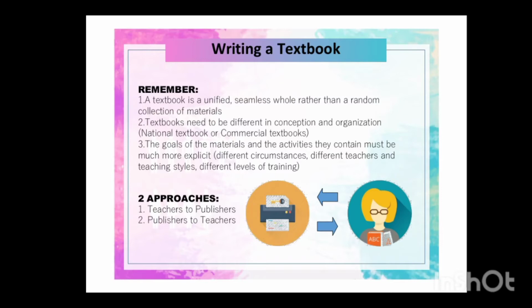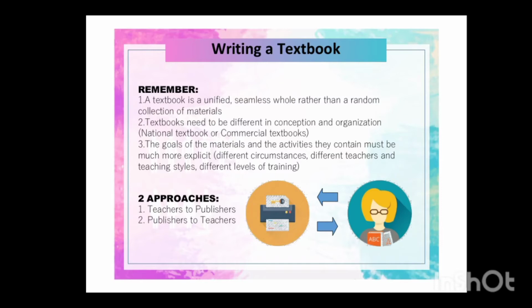Also, textbooks need to be different in conception and organization, whether the writers want to write a national textbook or a commercial textbook. National textbooks and commercial textbooks must have different organization and different goals.